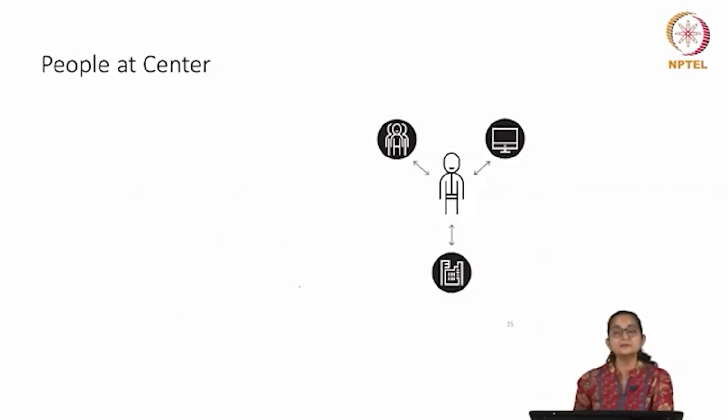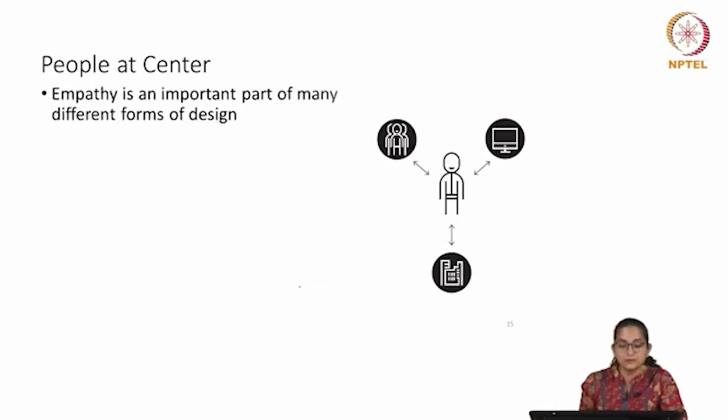So what we are trying to say through all of these, Maslow's hierarchy of needs, or the empathize phase and relooking at need identification, is something very important, which is the human centric approach. We want to put people at the center and then look at various aspects of the problem statement.